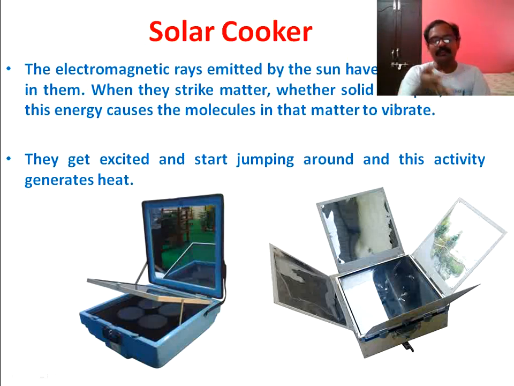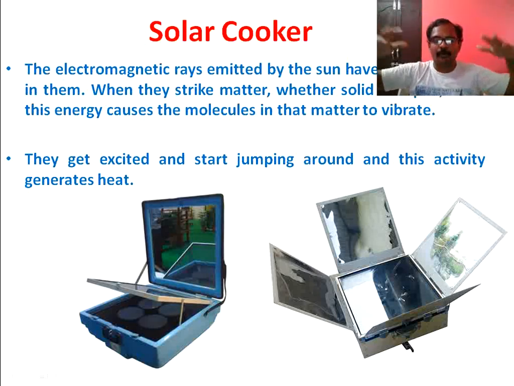It has a glass covering on top, as well as two or three reflectors placed on the sides of the wooden box, to collect the extra solar energy and reflect it onto the solar cooker. Now what happens when we keep pots inside the solar cooker? We take a food material, like rice, keep it in a vessel, place it inside the solar cooker, and close the lid on the top.